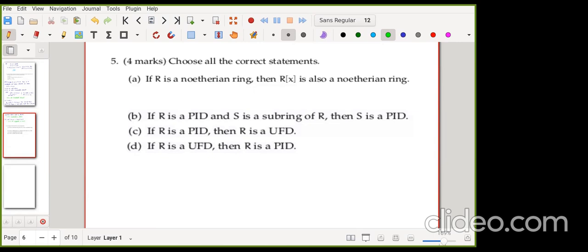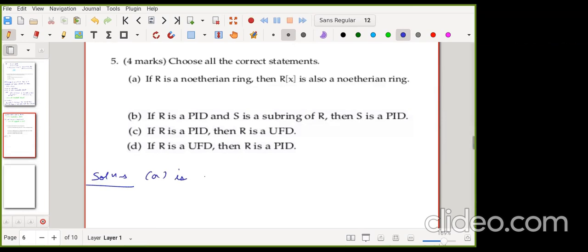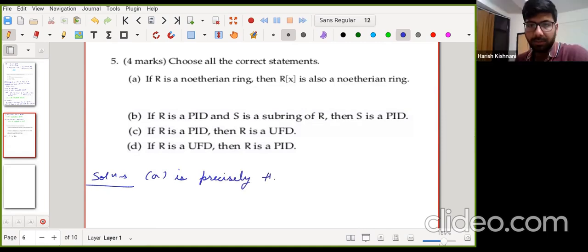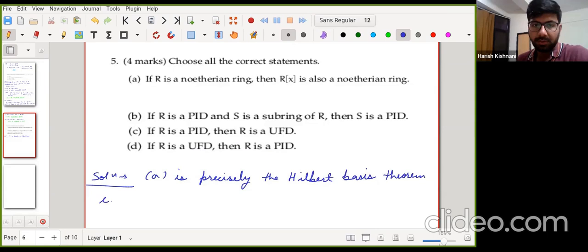This is the Hilbert basis theorem. So A is going to be correct, precisely the Hilbert basis theorem, covered in lecture.